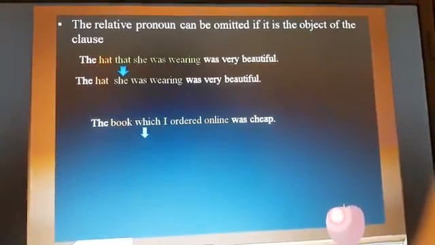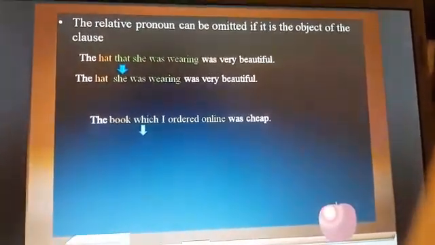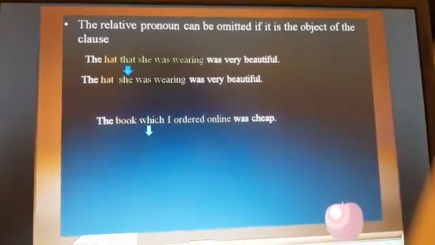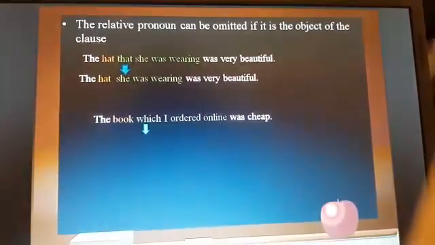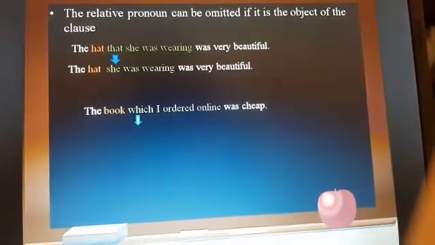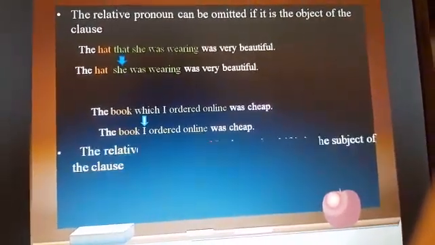Another example, the book which I ordered online was cheap. Which I ordered online is a defining relative clause. Which is the object pronoun. We remove which and we may say the book I ordered online was cheap.